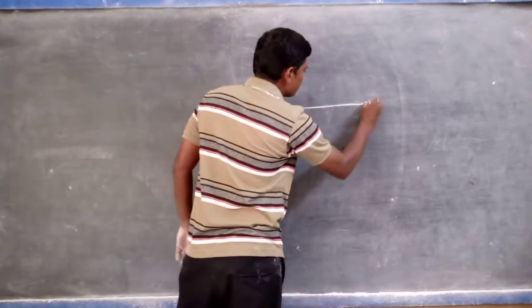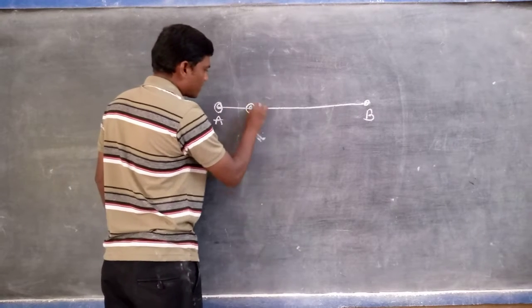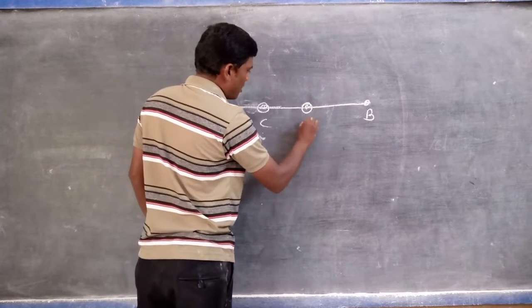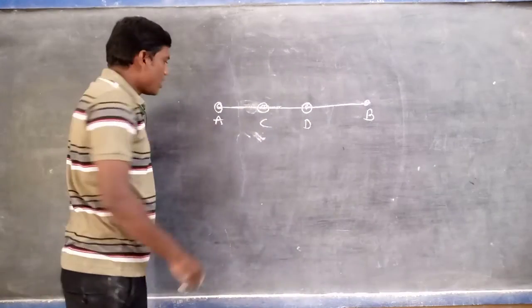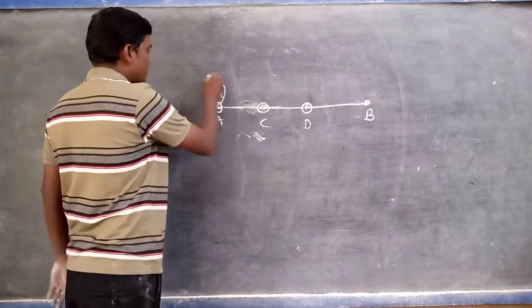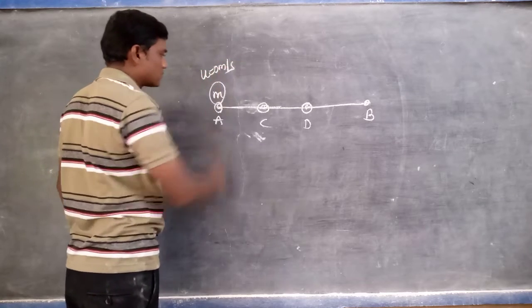For example, a body of mass m starting from point A. Its initial velocity is 0 meters per second.